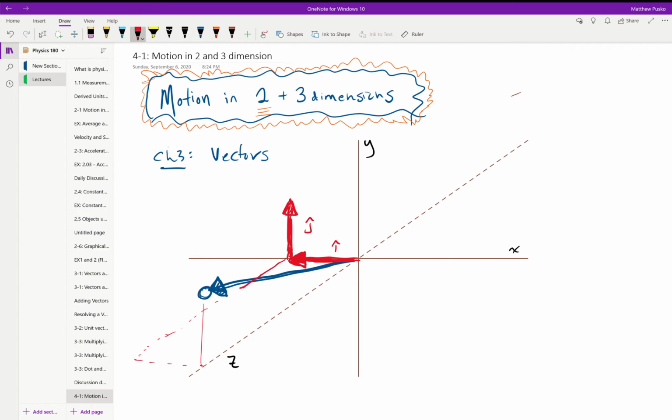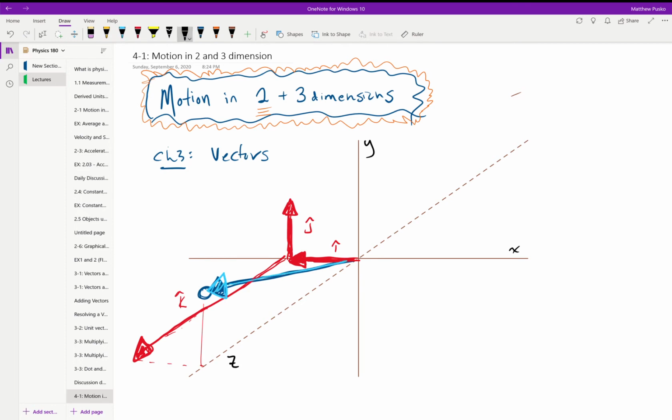And we would point our z vector, or in the k direction, like that. So when you add the i to the j to the k vector, the resultant vector is this one right here. So what does that mean?